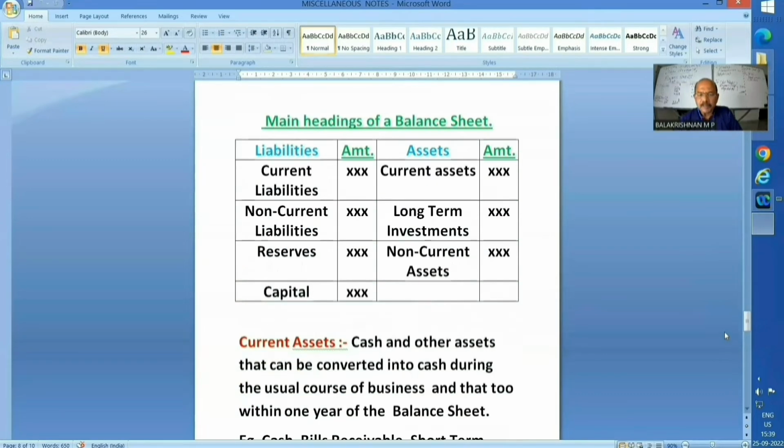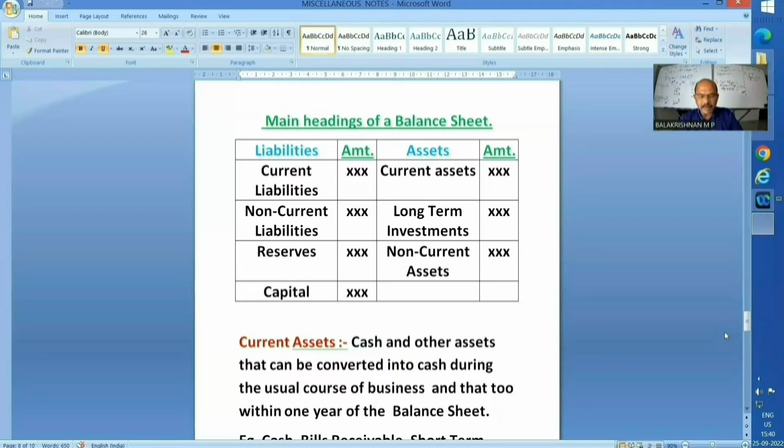Next, main headings of a balance sheet. The liability side has current liabilities, non-current liabilities, reserves, capital, and the asset side has current assets, long-term investments, non-current assets, etc. Well, you need not show the items under the respective headings. You need not show the headings at all. However, it has to come in this order.